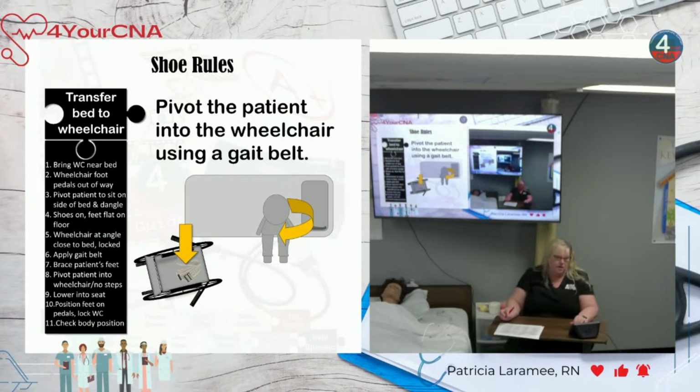No. So when you're putting the wheelchair next to the patient, it's got to almost touch the patient. I should basically be able to fit a sheet of paper between the patient and the wheelchair and nothing else. It's got to be that close. This is the number one error that's made on the state exam: the wheelchair is too far away.